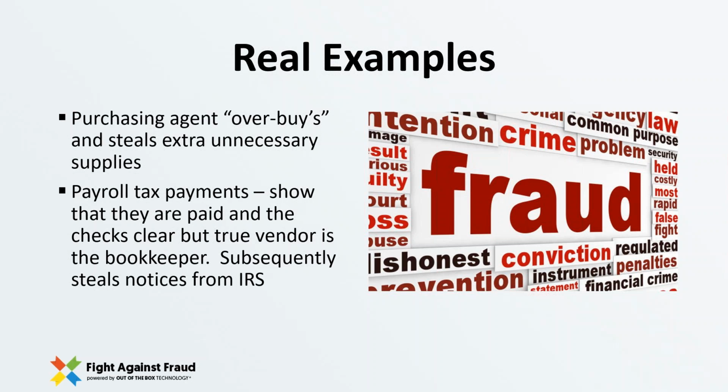Now, there's a double consequence there. The IRS wants their money. The bookkeeper, or the payroll person, has stolen the payroll taxes. They don't put it into a savings account to pay you back, right? That's common sense. So what do we have here? We have $350,000 less money in our bank account, but we still owe $350,000 to the IRS. We have a $700,000 consequence to the business owner.